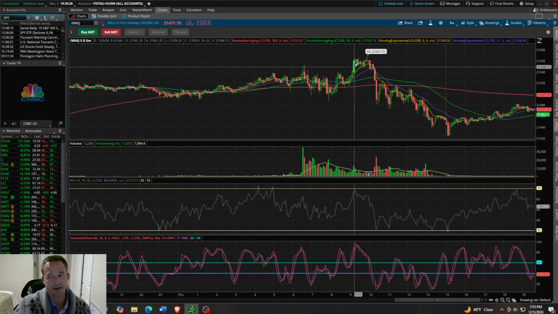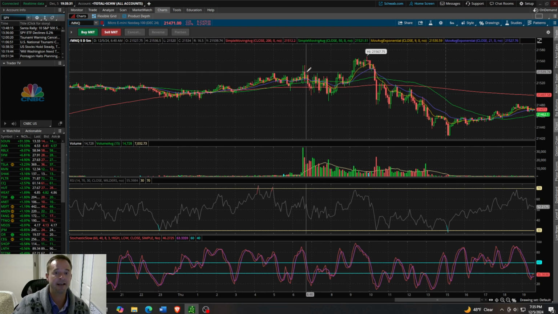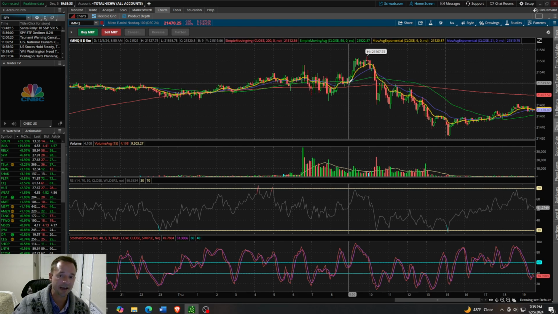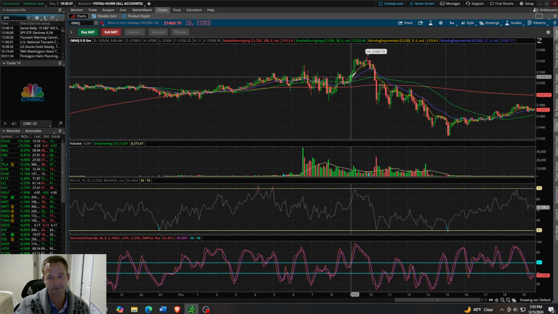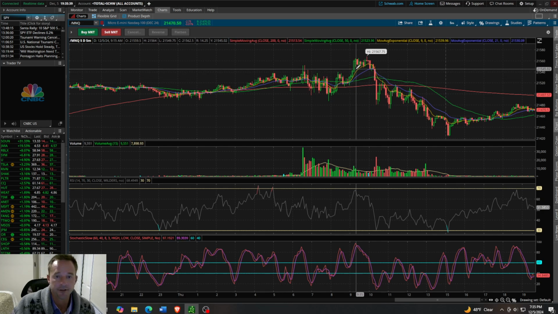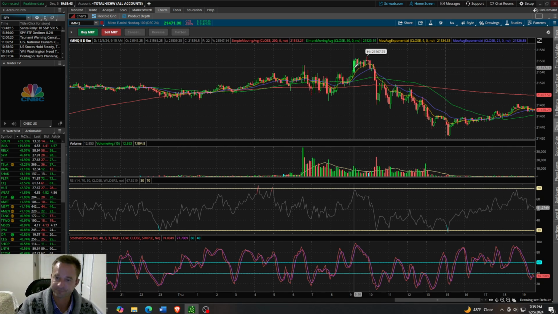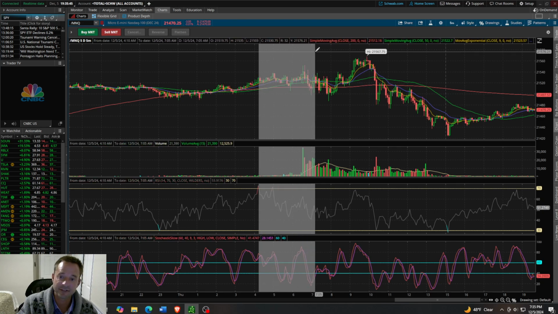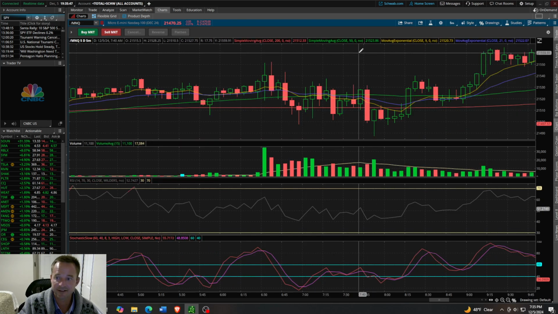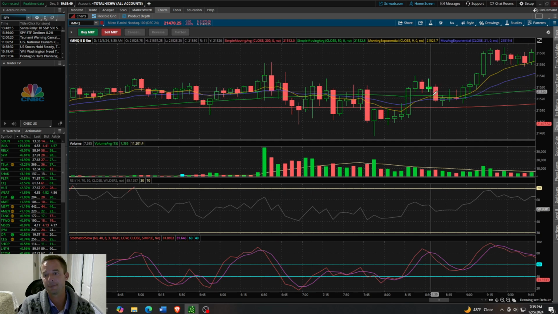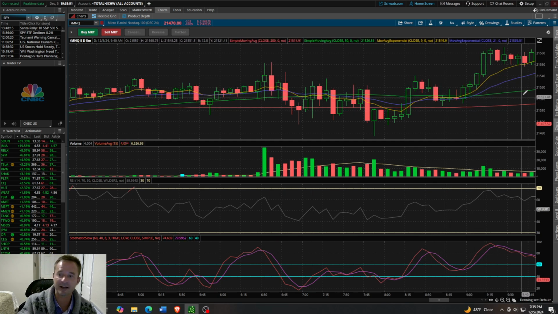I set my stop right here, and as this was working, I'm adding contracts and adding right here, right? So, we're in multiple contracts, so that was cool. Now again, as we move higher, these moving averages, they're moving up, and this looks super bullish to me.